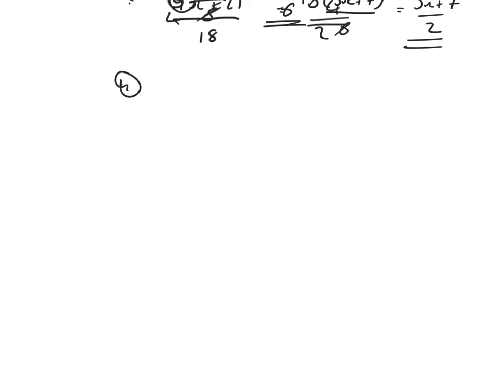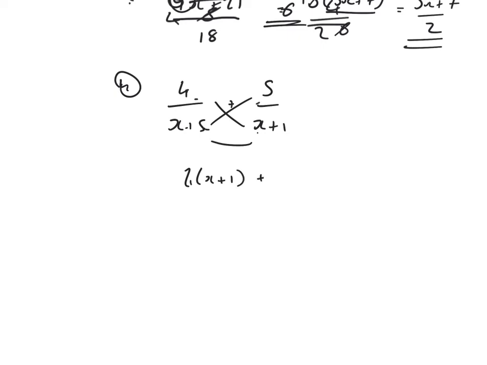Okay, example 4. 4 over x plus 5 plus 5 over x plus 1. Kiss and smile. 4 lots of x plus 1 is 4 bracket x plus 1 plus 5 bracket x plus 5 all over x plus 5 times x plus 1. Well, I can just write that as 2 brackets beside each other. That implies that they're multiplying.